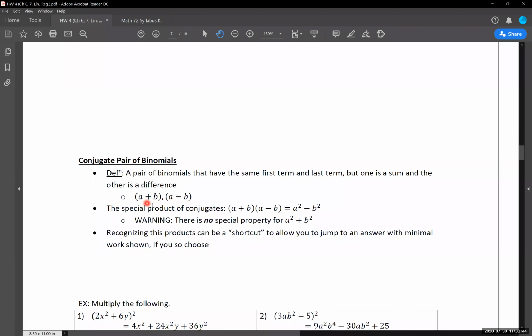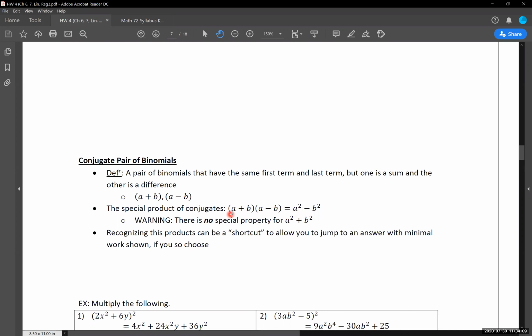So what happens when we actually multiply these conjugate pairs together? We get a very special product that shows up out of this, and this is one I would highly recommend you absolutely memorize for yourself. If I have (a + b)(a - b), my result is always going to be a^2 - b^2.